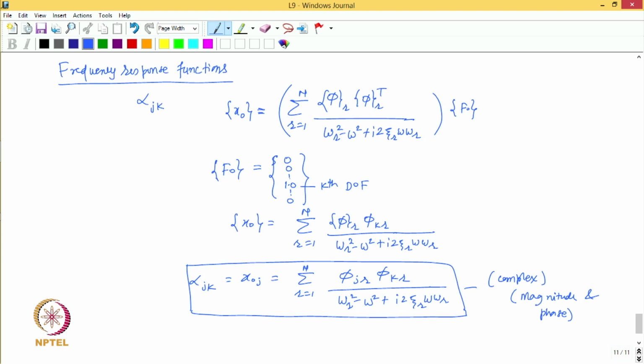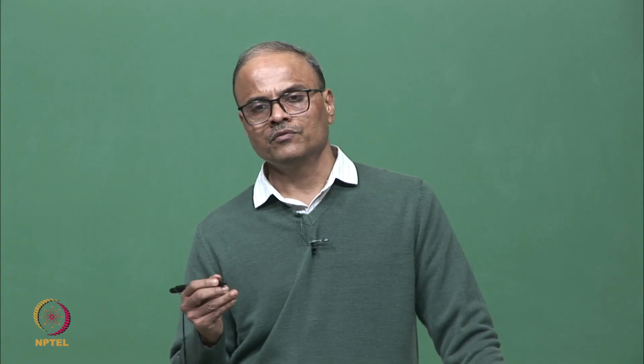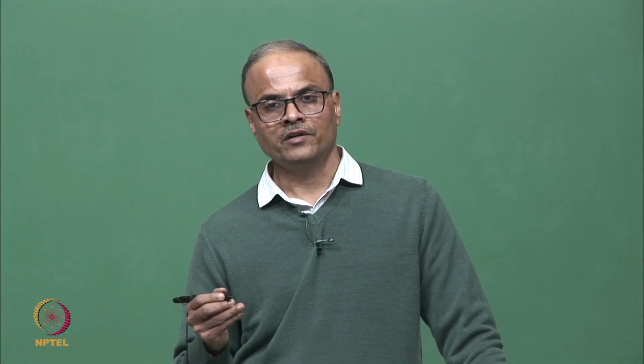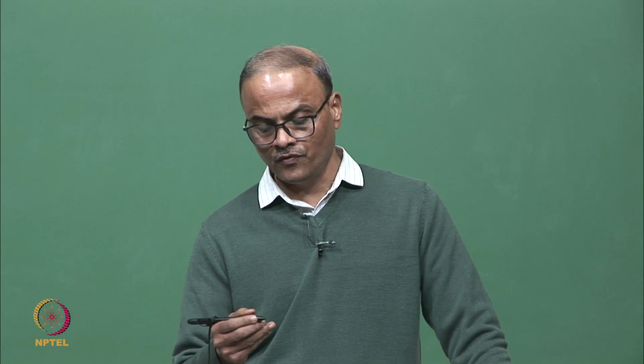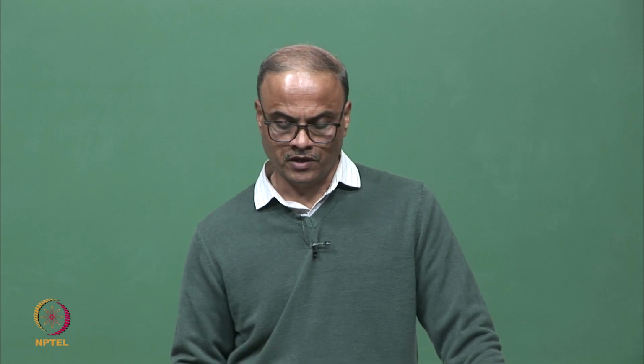We can also obtain the FRF matrix. If you look at the above equation and compare it with the equation we got through direct solution, which was in the form of vector x naught equal to matrix alpha into vector f naught, then this coefficient term here is nothing but the FRF matrix.